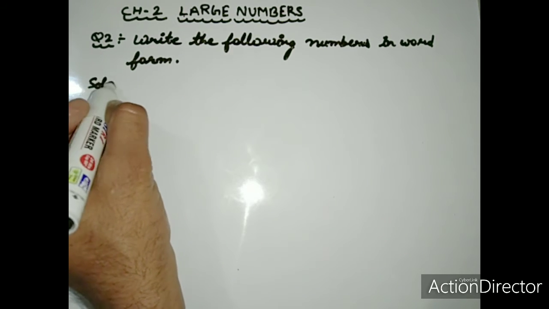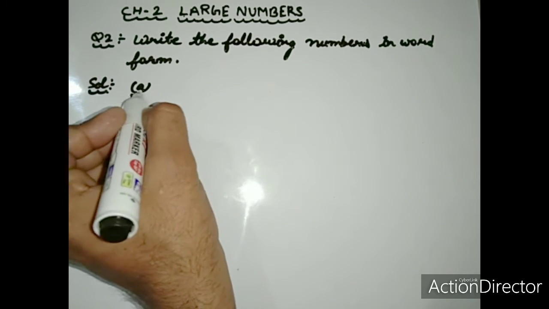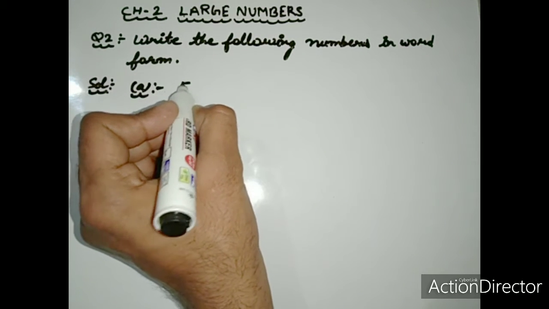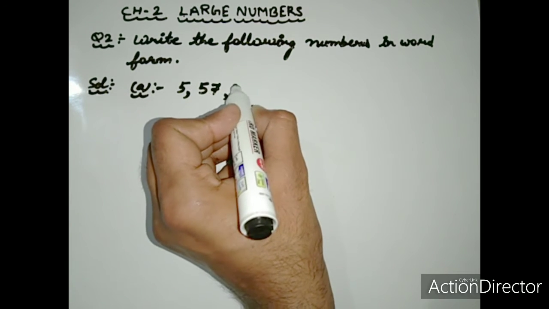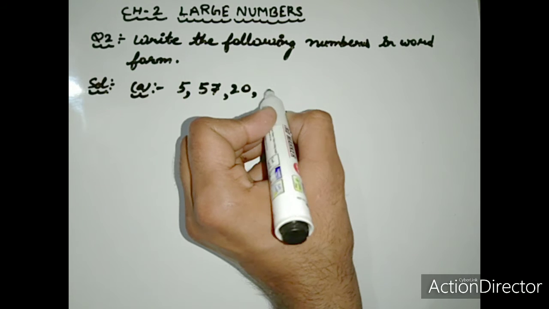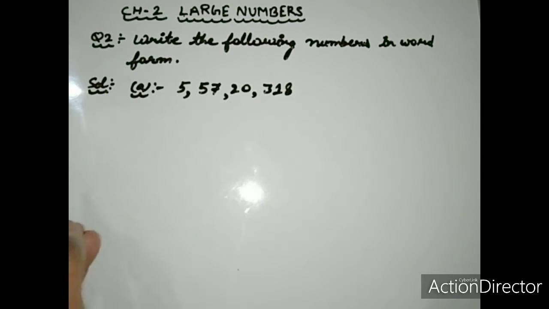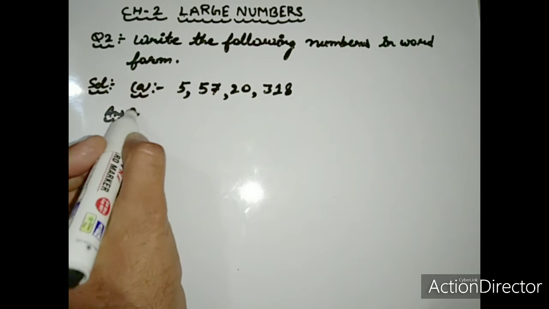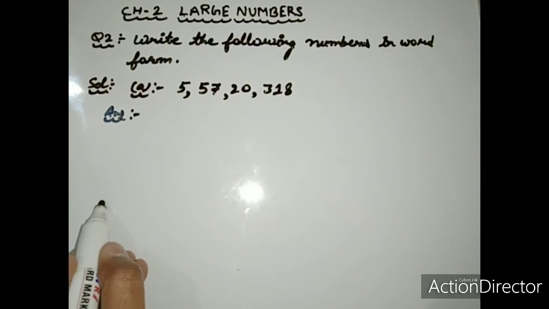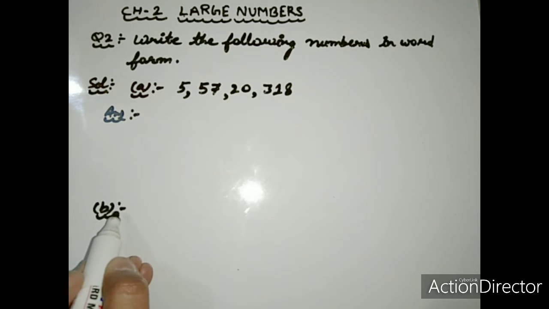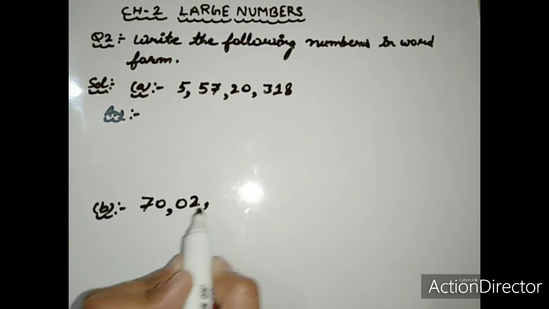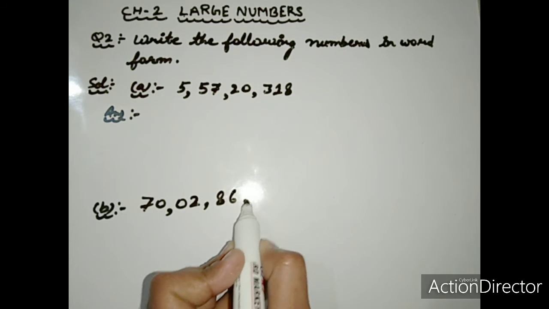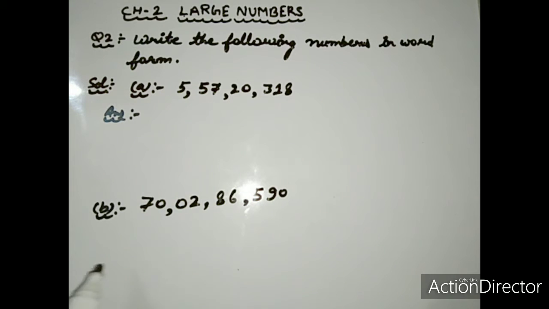Here we solve part A: 5,57,20,318. Now part B: 70,02,86,590.